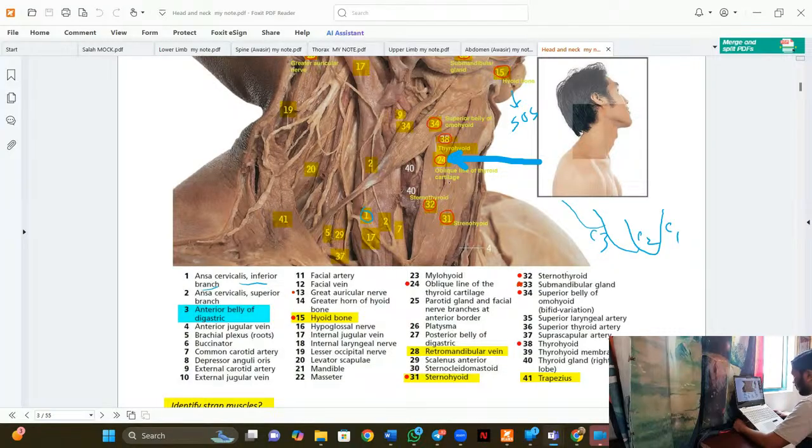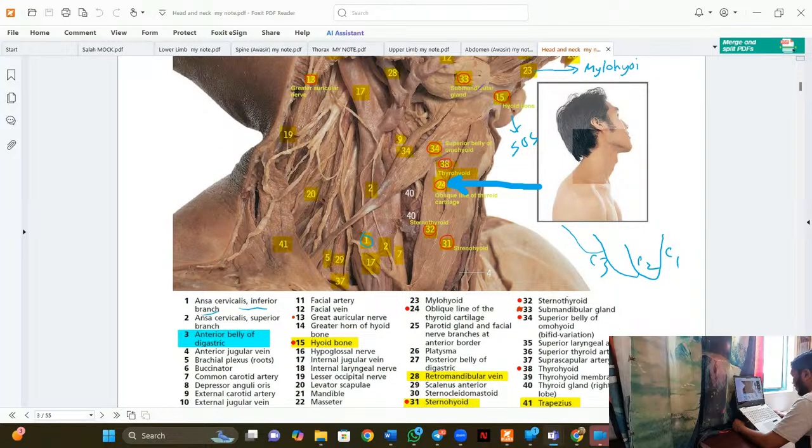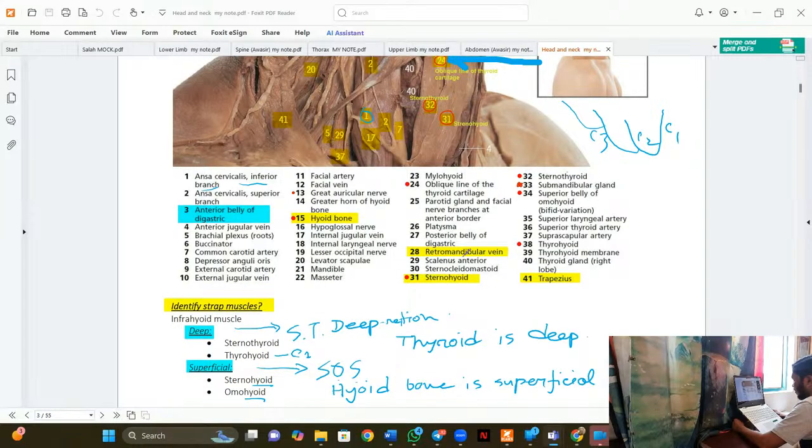Then 31 sternohyoid. 32 sternothyroid. 33 submandibular gland. 34 superior belly of omohyoid. 38 thyroid. Okay, this picture is done.